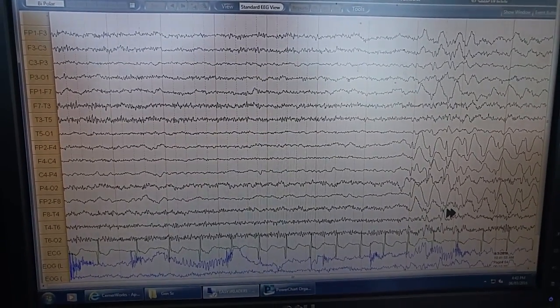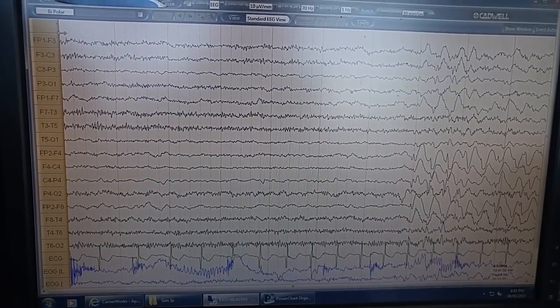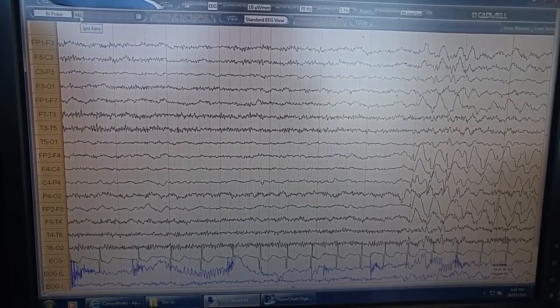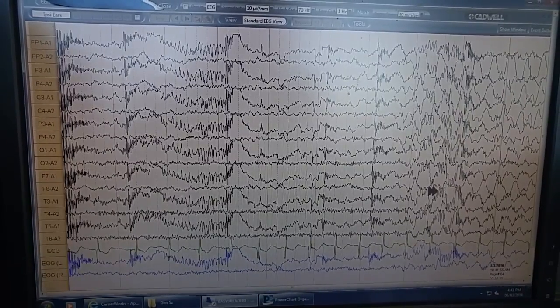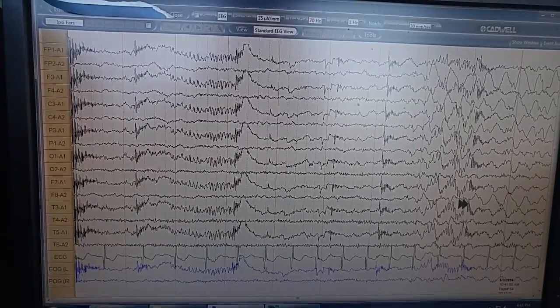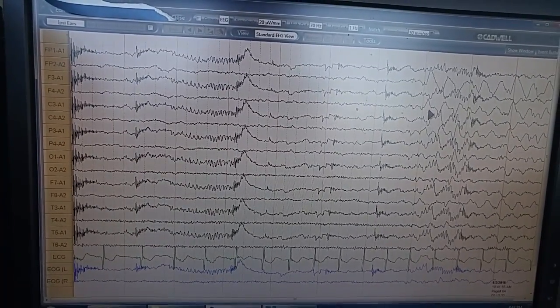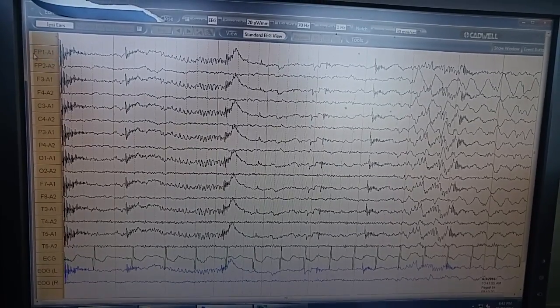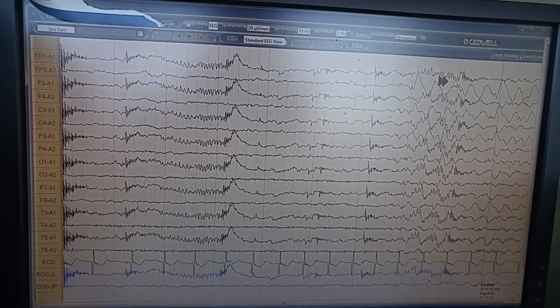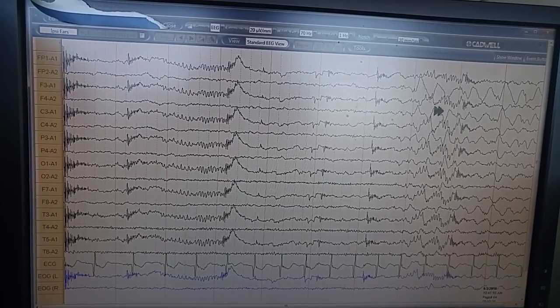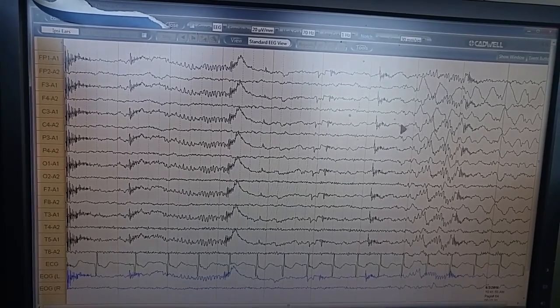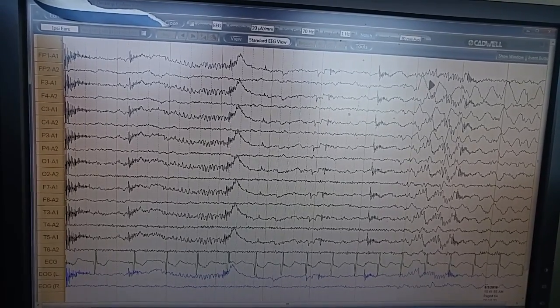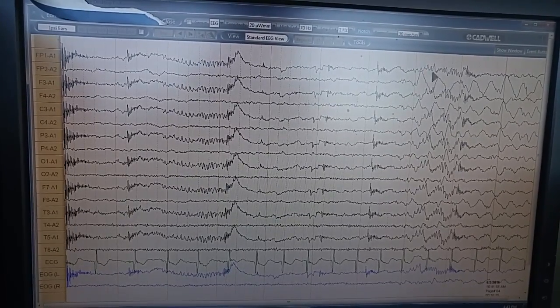However, I would challenge that, because if you went and looked at the referential, which is a good one to look at if you're thinking about generalized epilepsies, what you're going to see here is that in those leads where you have the A1 electrode, you could almost say that this is flat.